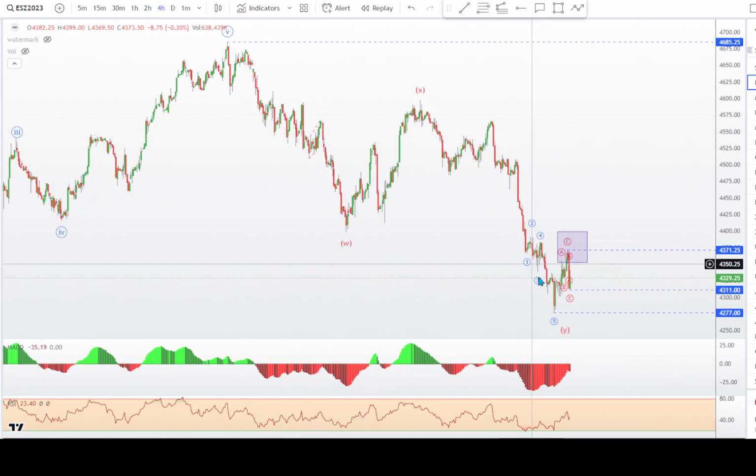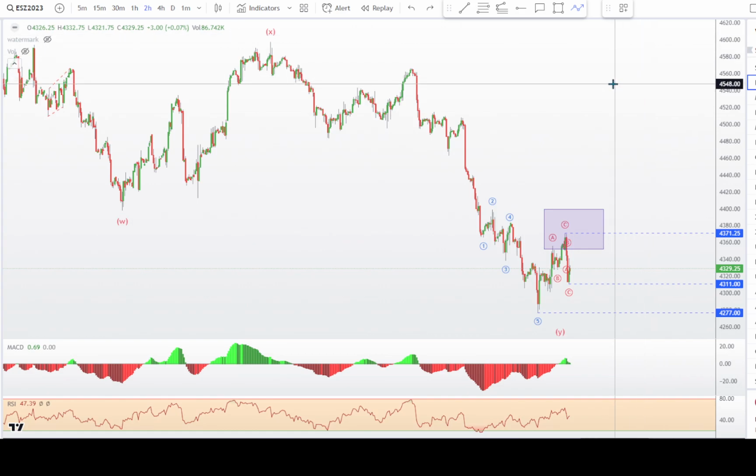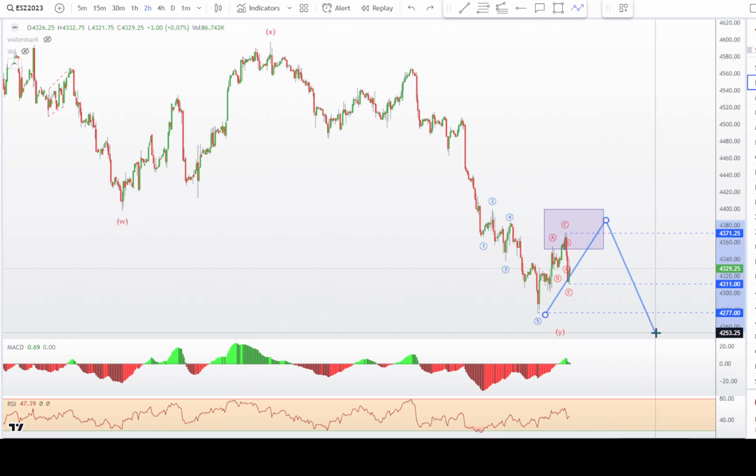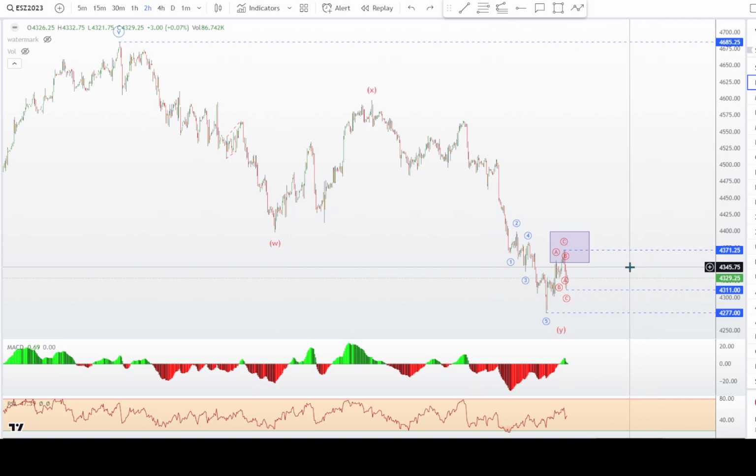So WXY, that's a corrective pattern, and that could be the low is in, and now we go and take out the top. I don't think that's what's going to be in place here. I think anytime you have a WXY, you got the potential for an X and then the Z. And I think that's what's happening here.